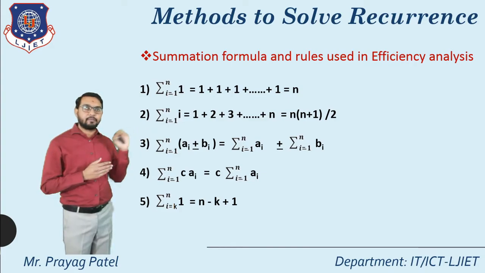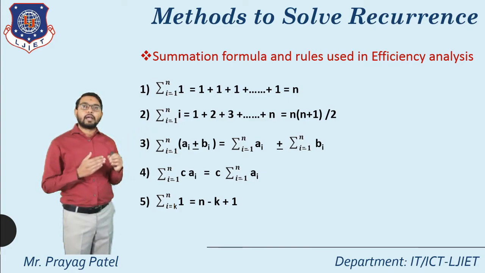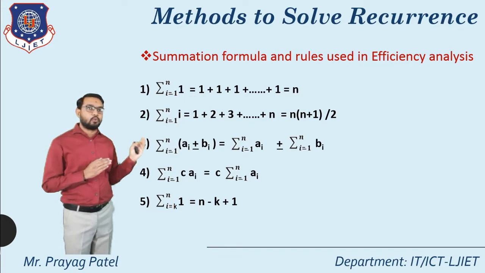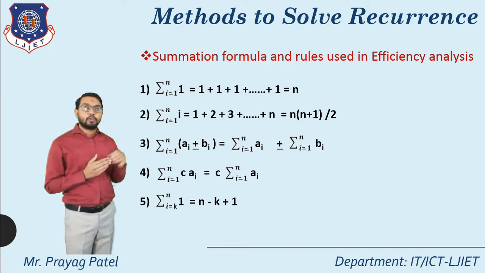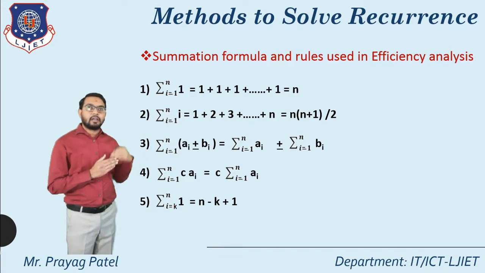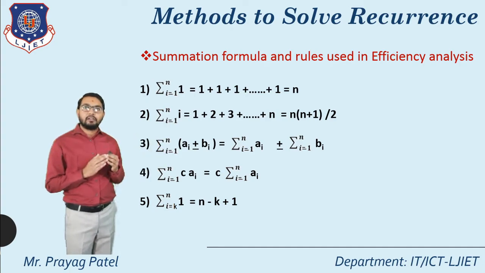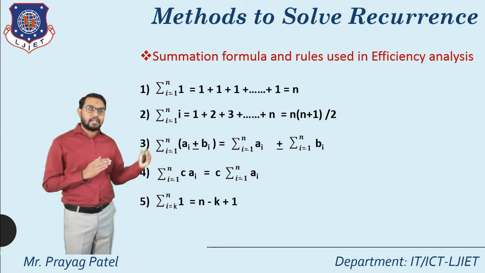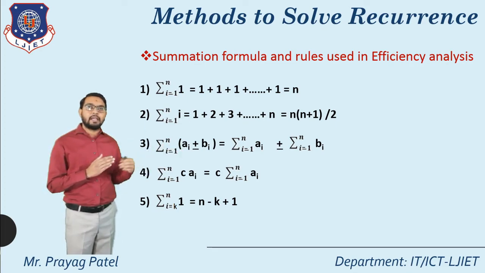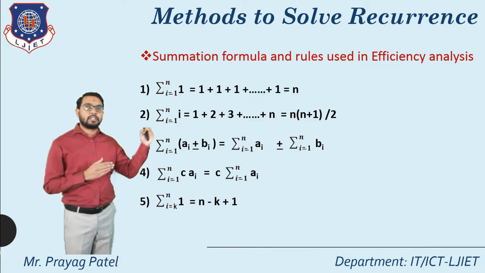Now the second formula: sigma i equal to 1 to n of i. Putting the values of i from 1 to n gives the sequence 1 plus 2 plus 3 up to n, and the total is n times n plus 1 divided by 2.